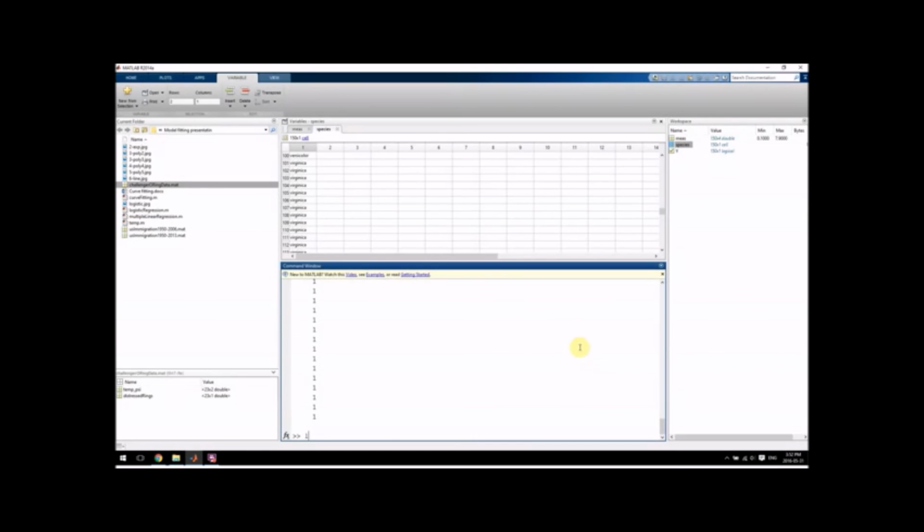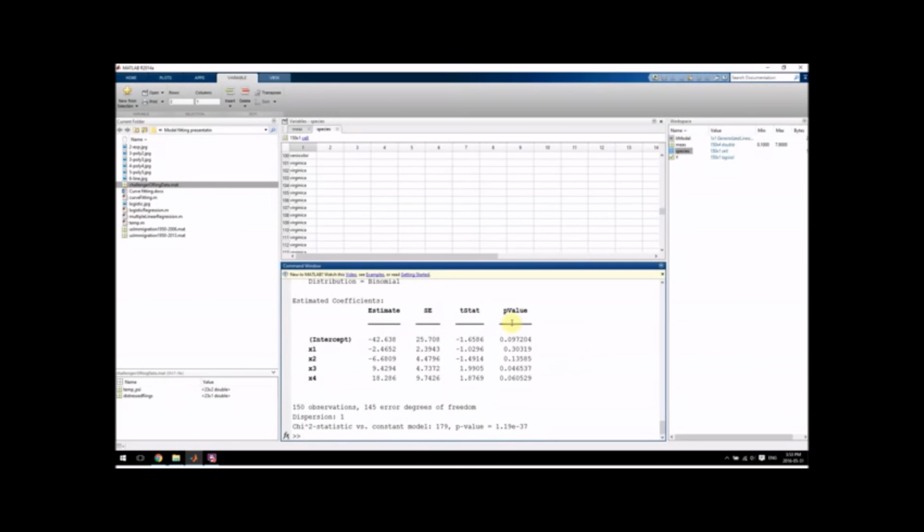And then we can fit our logistic regression model, fit GLM, the measurements as predictors, and this y as a predicted variable, binomial distribution. Let's do that again without the semicolon. Okay, good.